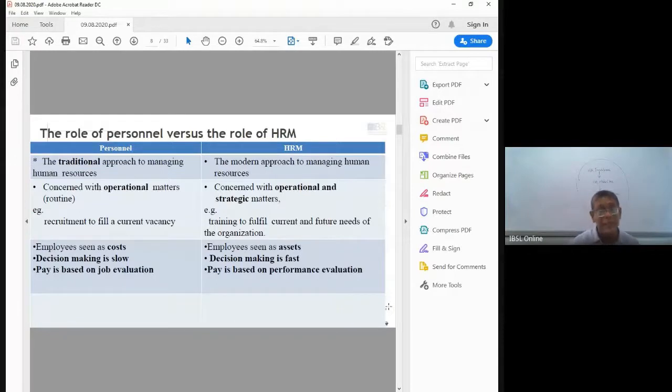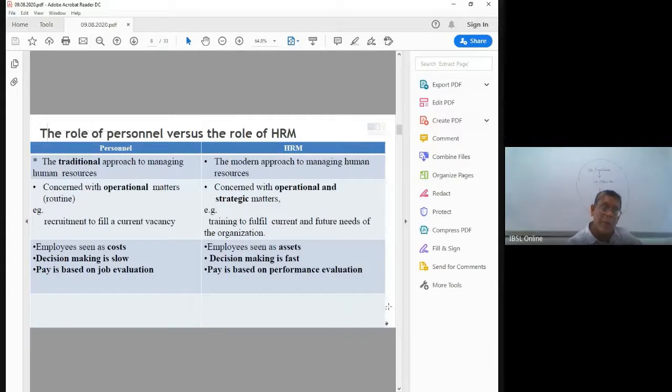Second one, remember in personal management we consider employees as a cost. But in modern HRM, we consider employees not as a cost but as an asset to your organization. Why? Take Bank A and Bank B. Bank A introduces new products, Bank B can introduce the same product, identically copied.